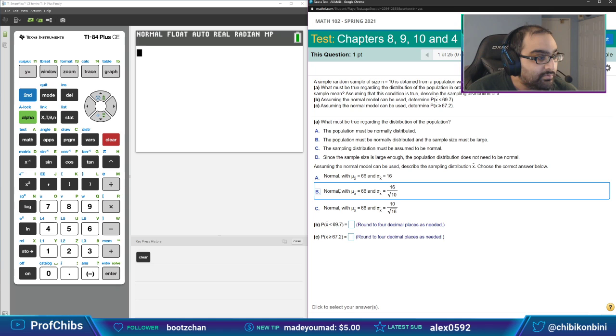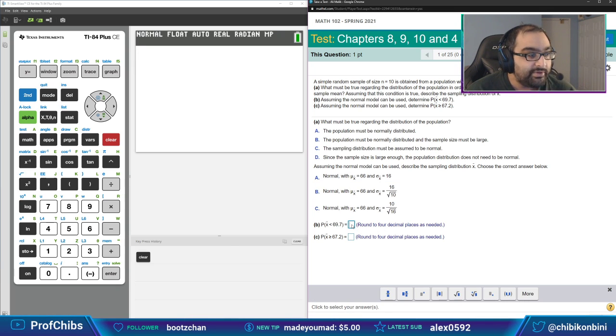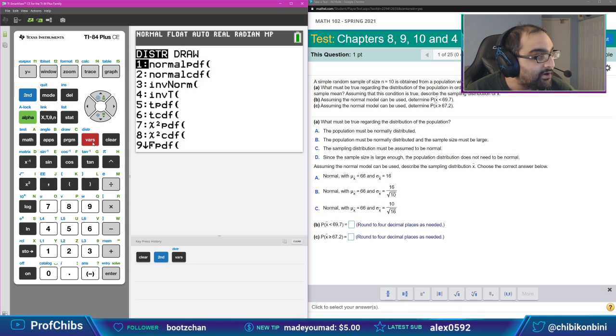Well, the reason is that in order for me to get the correct probability here, I need to use my normal CDF function. Now, I know it's been a while since you've used the normal CDF function. But remember that to get to our normal CDF function, we go second and vars.